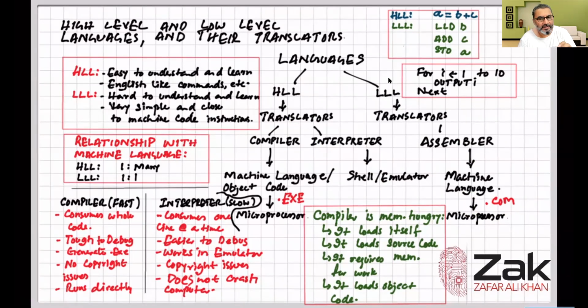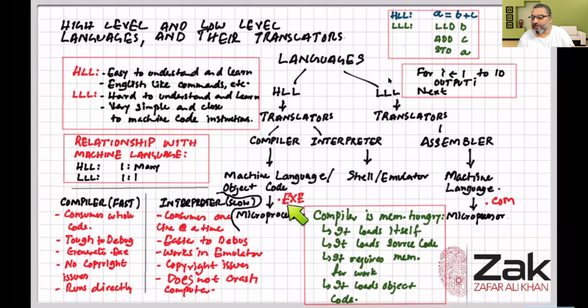In simple words, virtual machine is a software which is depicting a hardware. So it is actually depicting itself as hardware, and it is executing the interpreter. The interpreter itself is executing the source code program, and there is no file which is produced. Whereas if it is compiler then it produces the machine language or object code.